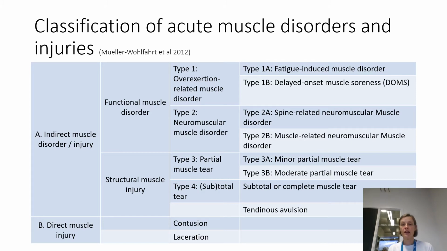Tissue damage was classified within type 3, partial muscle tears, and type 4, sub or almost complete muscle tears. There were direct muscle injuries also that were classified as contusions and lacerations, but they were not classified in the same way. So just be aware that when you read about classification of muscle disorders or grading, you have to be aware about which kind of muscle grading is being used. But remember that we don't actually treat the grade of muscle tear, we treat the symptoms that actually occur as a result.